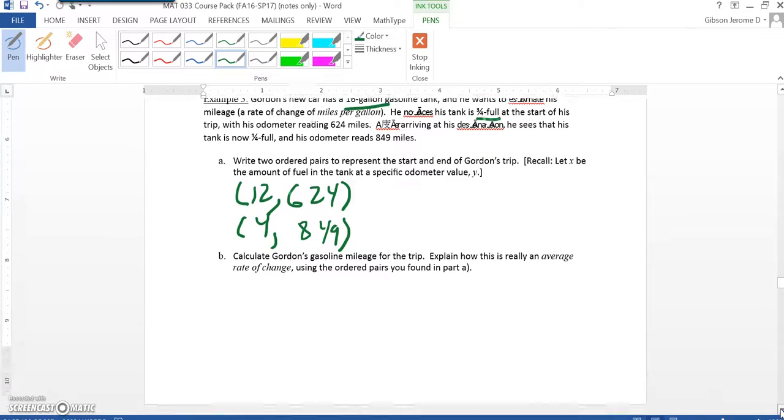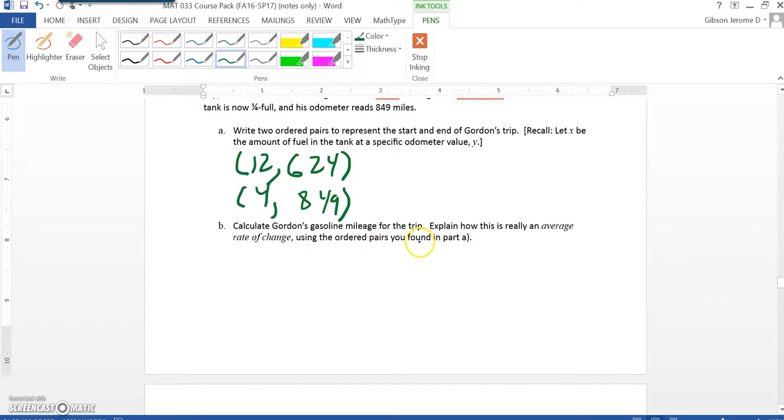Now it said calculate Gordon's gasoline mileage for the trip. Explain how this is really an average rate of change using the ordered pairs you found in part A. Okay, so now we would take y sub 2 minus y sub 1 over x sub 2 minus x sub 1. So we add a slope. Y sub 2 is 849.